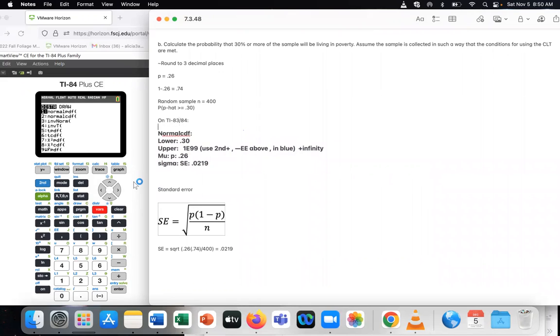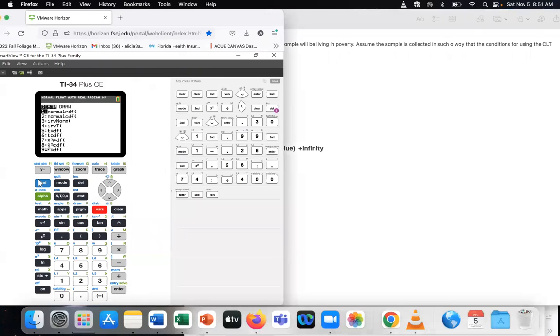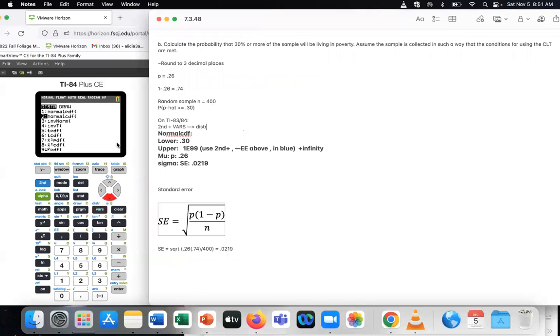On the 84, you want to go to second plus the vars, and that's going to select your distribution menu, right? That's what's in blue above it. So the second function always selects the blue. So you see distribution up here. We're going to go down to number 2. That's our normal CDF. So under that menu, number 2 is our normal CDF.